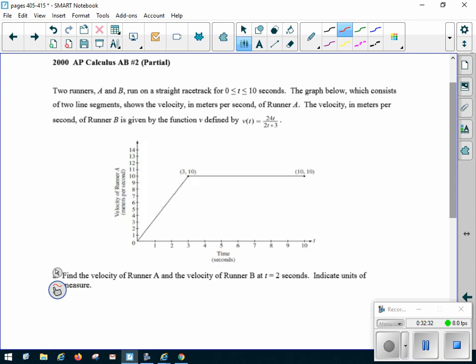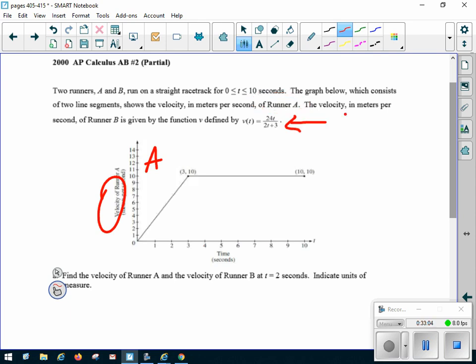Okay. Now this is part of the 2000 exam. Two runners, A and B, run on a straight track for 10 seconds. The graph below, which consists of two line segments, shows the velocity in meters per second of runner A. So this is for runner A. The velocity in meters per second of runner B is defined by this equation.